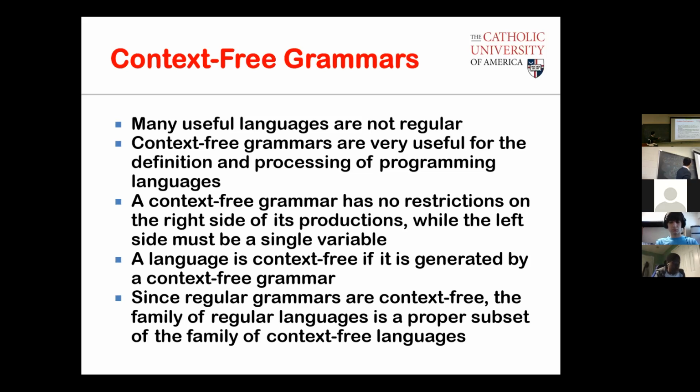See, this guy right here is also a production rule of this form. It's just that you have to restrict it to either left linear or right linear. And this guy, this can be anything. So if it's linear, left linear or right linear, this is the proper subset of this guy, right?